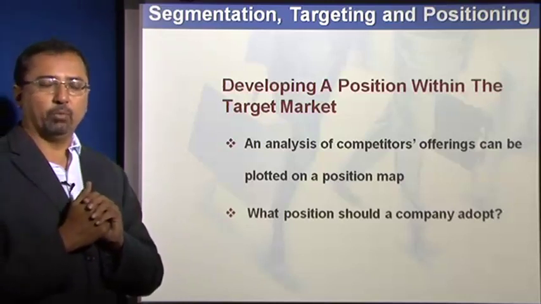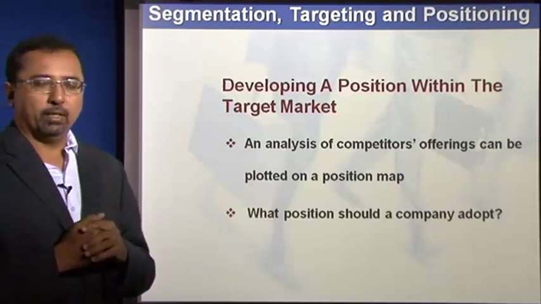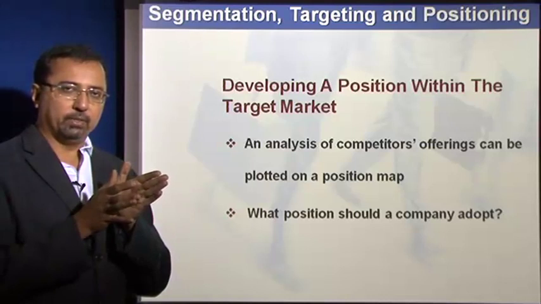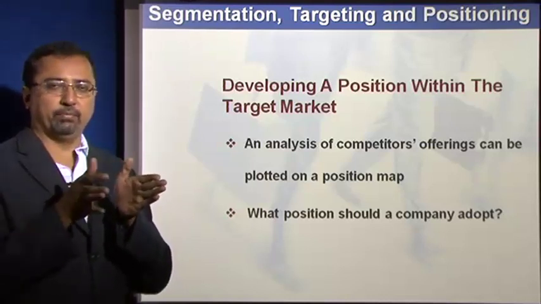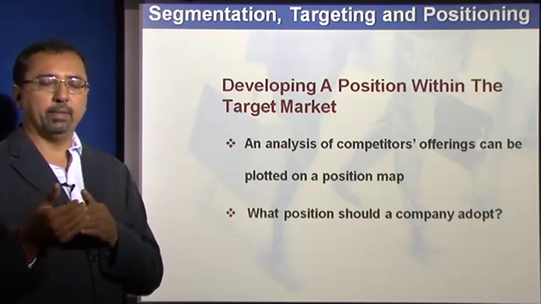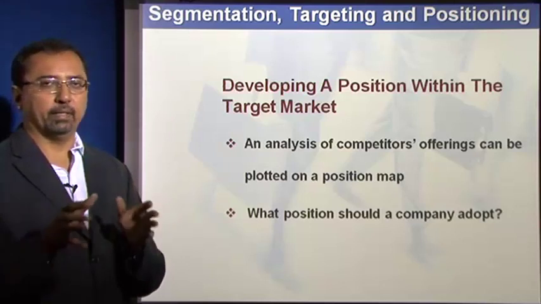The next step is, what position do you take within the target market? Now there are two things here. One is your image, which is an absolute kind of a parameter, and two is a position, which is a relative kind of parameter vis-a-vis other competitors in that same target market.